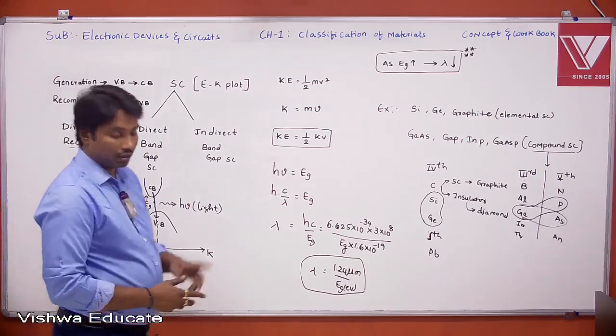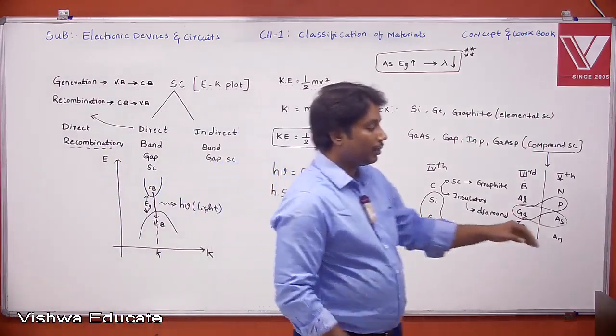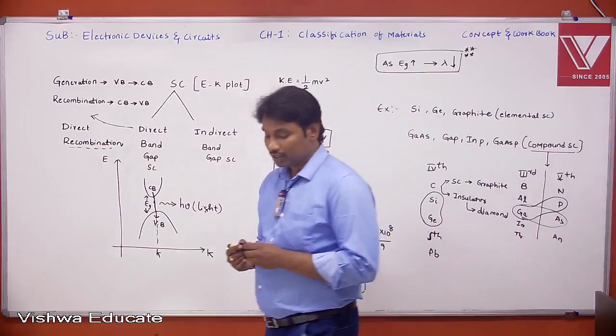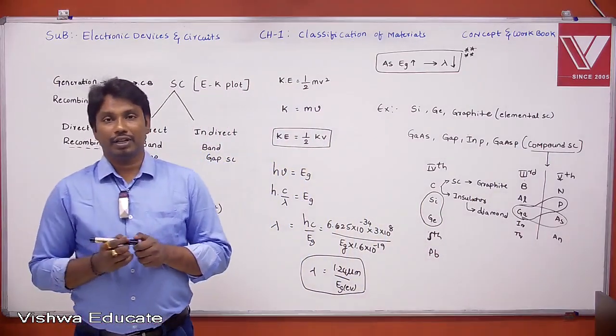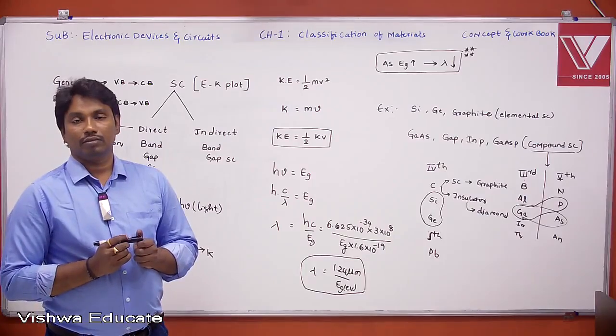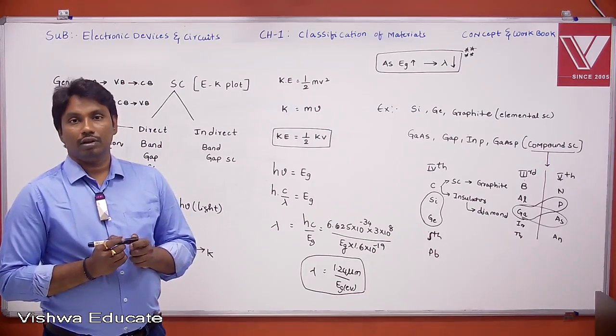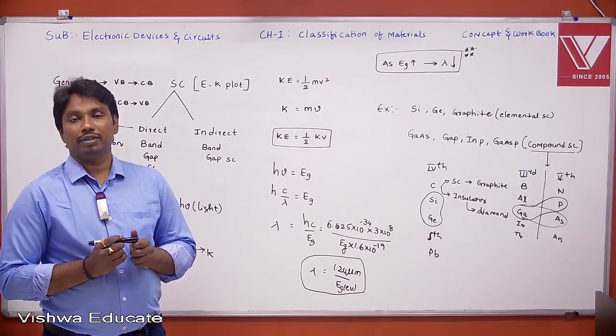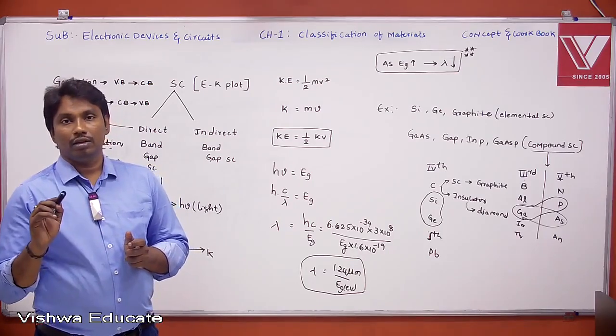Right. Next one. Write down the first one, direct band gap semiconductor, the first classification. Write down the definition.